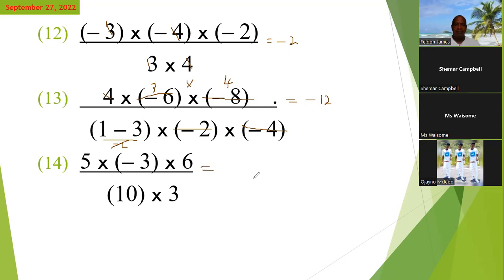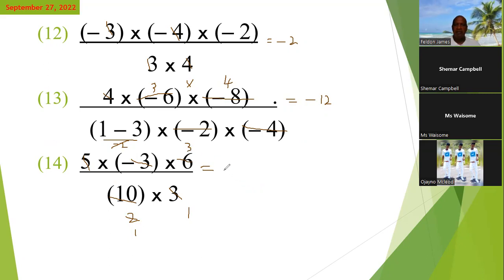What about question 14? What's the answer? Answer, please. Sir, 5 into 5 goes 1, 5 into 10 goes 2, 3 cancels 3. 2 into 2 is 1, 2 into 6 is 3. So 3.